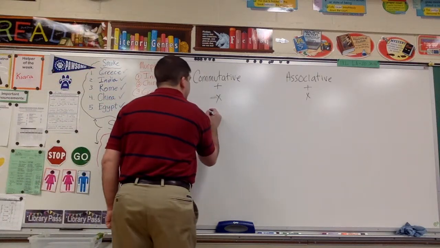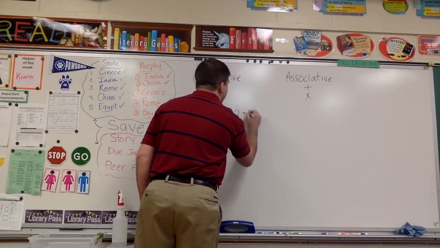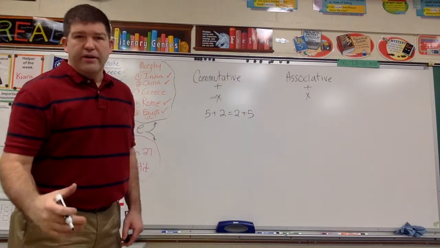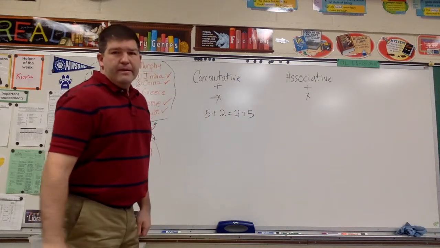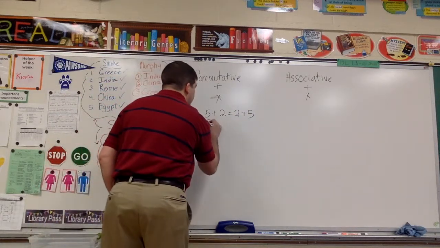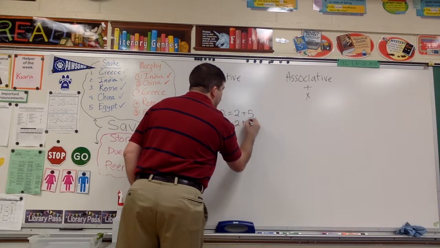So like this would be 5 plus 2 equals 2 plus 5. Doesn't matter what order they're in, they're going to equal the same. In this case, it's 7 equals 7. Now I could change one thing with a variable equals 2 plus 5.